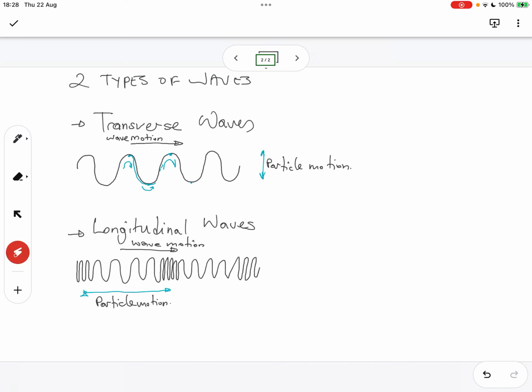So if we think about a particle of air, when the sound comes from the speaker, the particle of air would be somewhere there. Let's say this is where the sound from the speaker comes from. Then the particle of air would move from there to there, and supposedly back and forth in that direction.